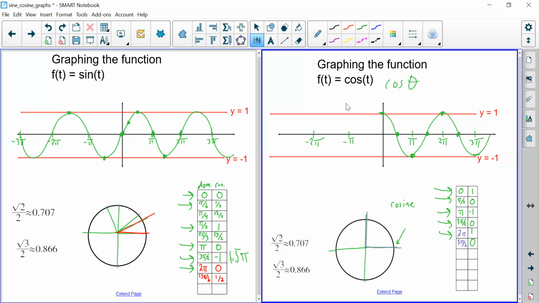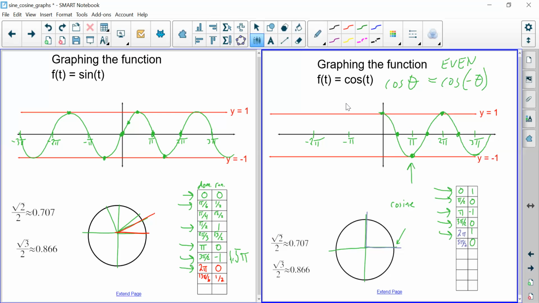Also on the quiz, cosine and cosine of its opposite angle, these two were actually the same. They were identical, which makes cosine even. Now, since cosine is even, if you change the input to its opposite, you're going to have the same range value. Like this example right here, this ordered pair is pi comma negative 1.